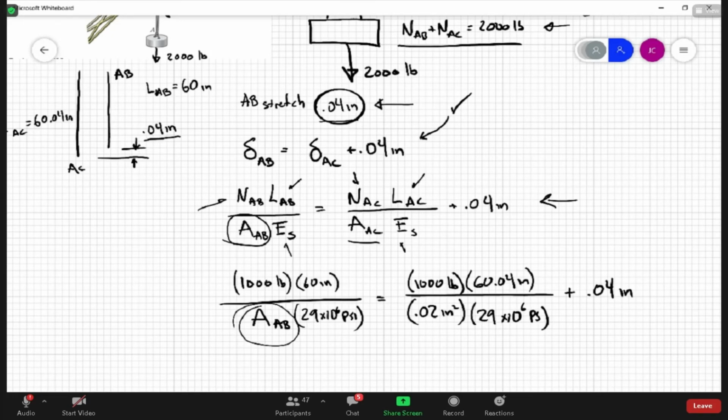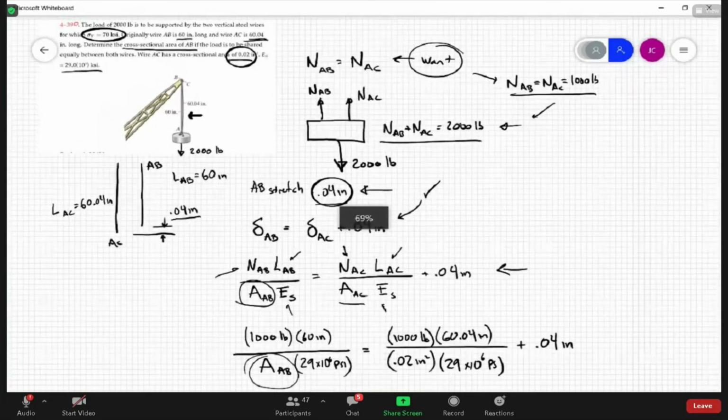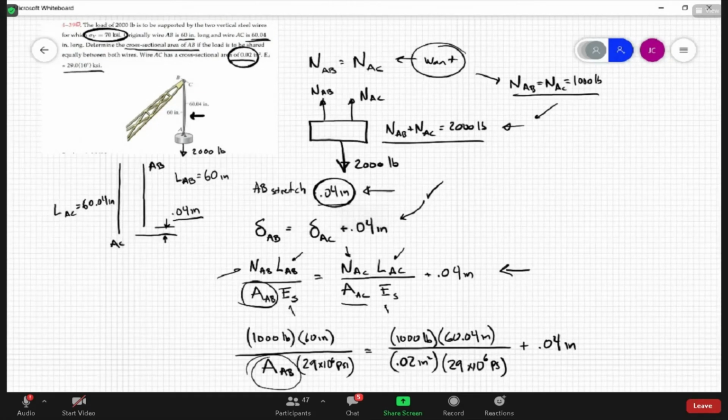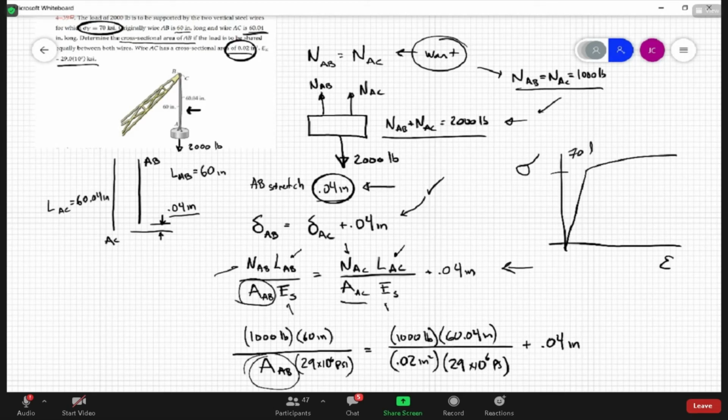Now, what I'm confused about is why they give me the yield stress, because if they go plastic, I don't know anything about the post-yielding behavior. If they gave us the stress-strain curve and we knew what was going on post-yielding, I could do something with this 70 ksi yield condition.